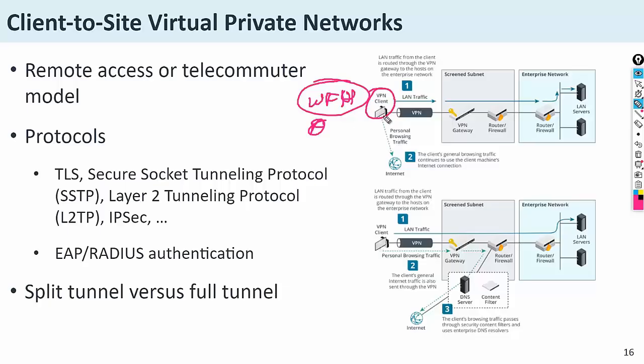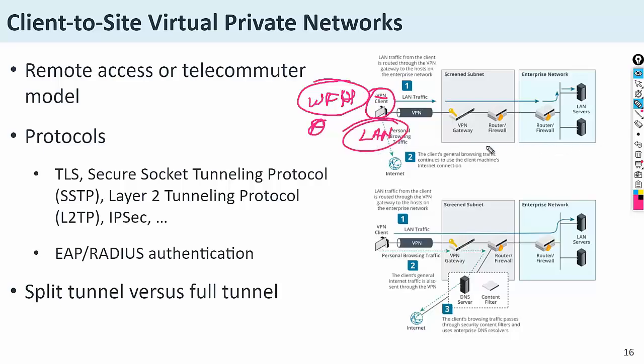So in this case of work from home, how will the client connect to the organization or enterprise network? By using the VPN, the client will connect with the enterprise network and will be able to access all the resources just like a LAN, local area network.